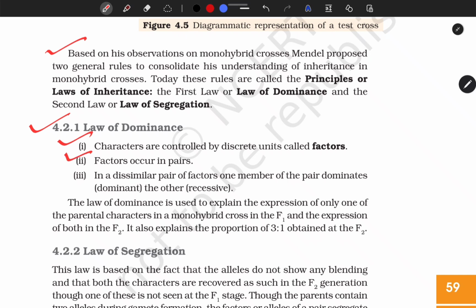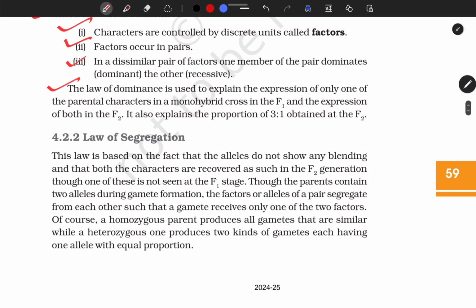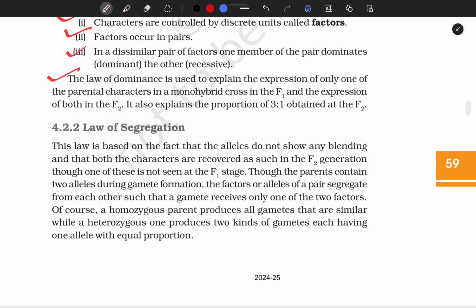Second, factors occur in pairs. And third, in a dissimilar pair of factors, one member of the pair dominates, that is dominant, the other is recessive. The law of dominance is used to explain the expression of only one of the parental characters in a monohybrid cross in the F1 and the expression of both in the F2. It also explains the proportion of 3:1 obtained at the F2.